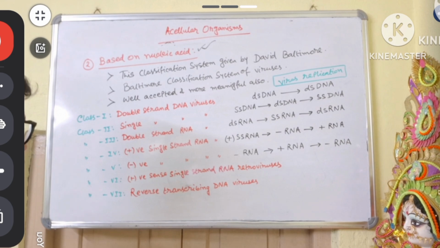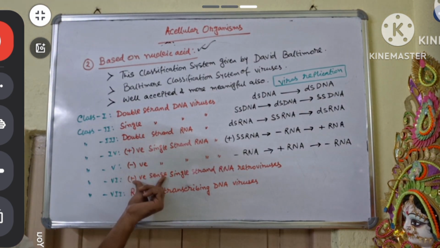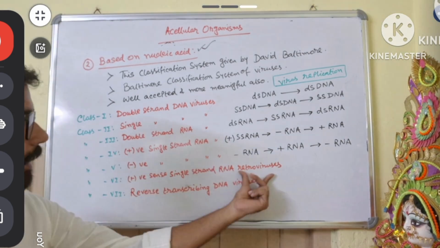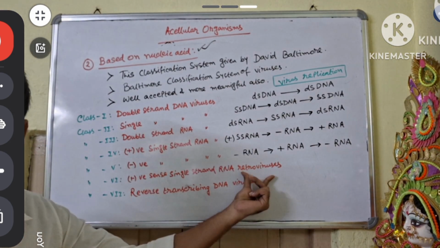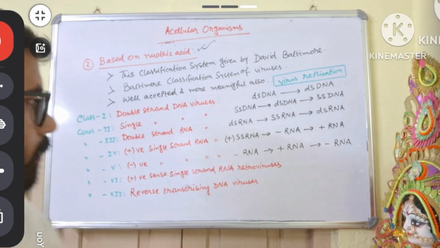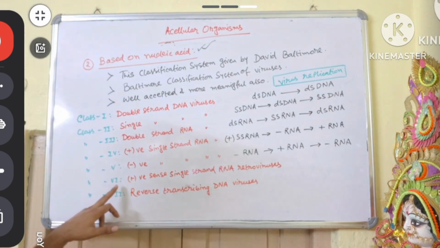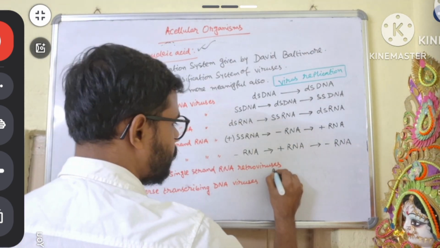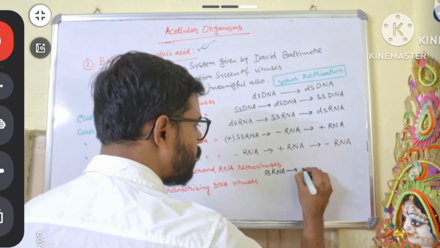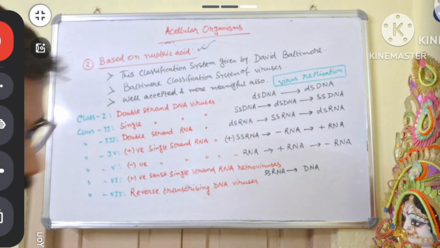But the behavior of class 6 is different. Though it contains single strand RNA, it does not follow the class 4 strategy. It follows the retrovirus strategy, meaning it reverse-transcribes into DNA. See, in class 4, there is no DNA present. But in class 6, the plus single strand RNA first converts into DNA, double strand DNA.